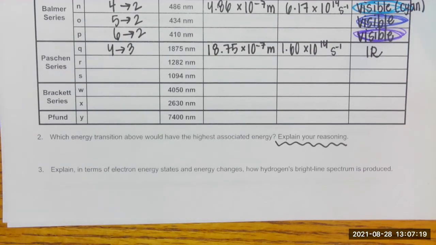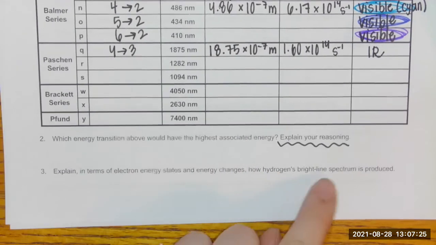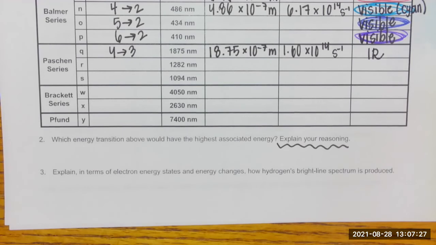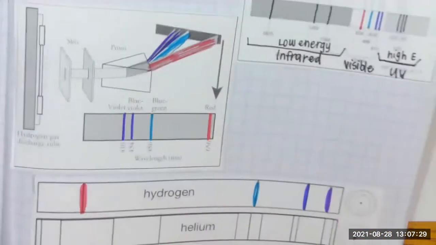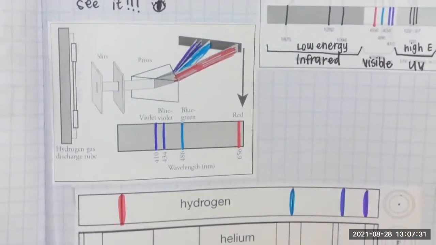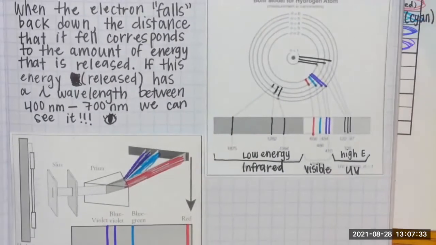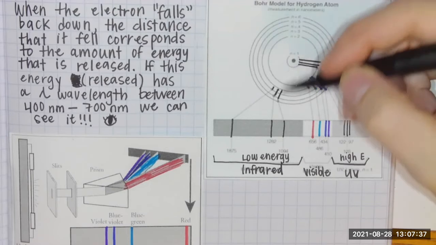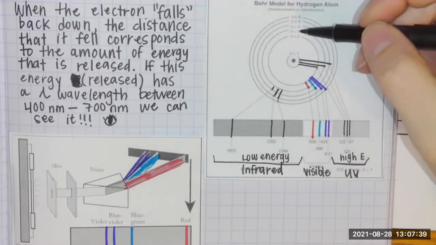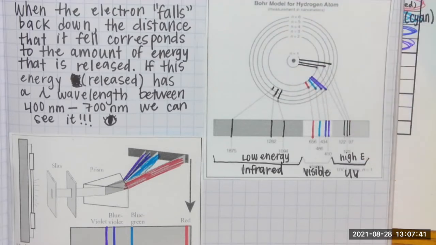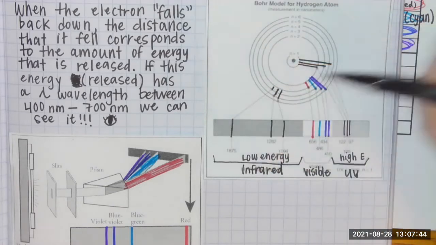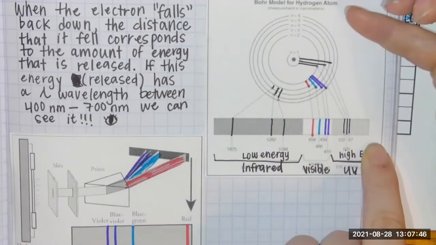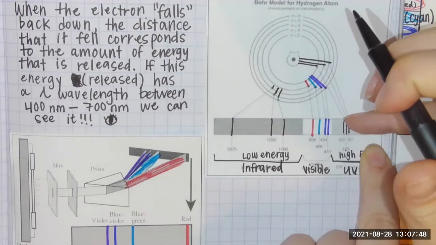So describing, in terms of electron energy states and energy changes, how hydrogen's bright line spectrum is produced. This is from the notes. It's saying, based on the drops and the electrons dropping, how do we get this barcode?